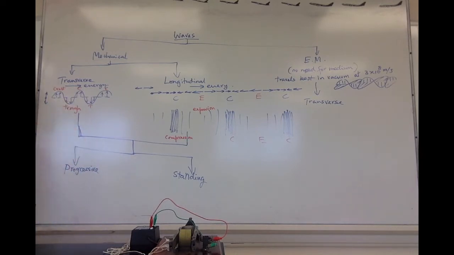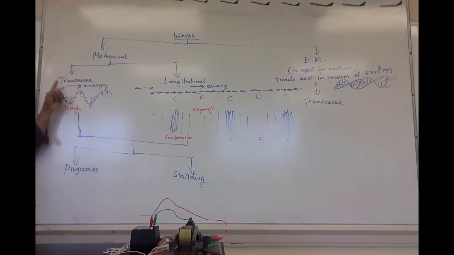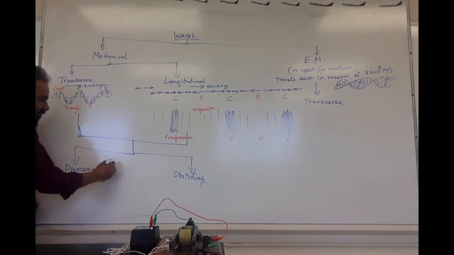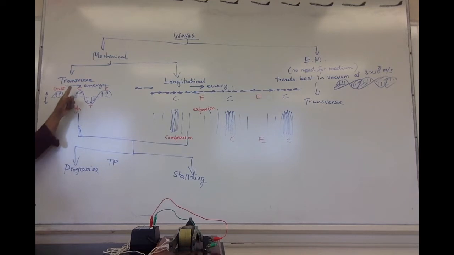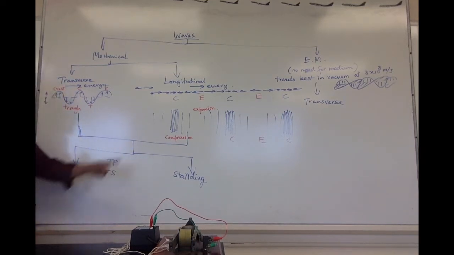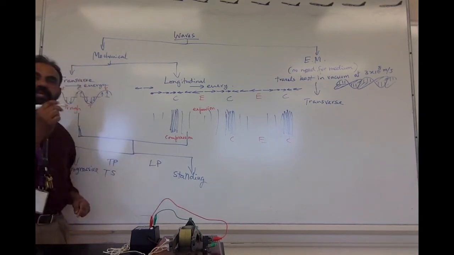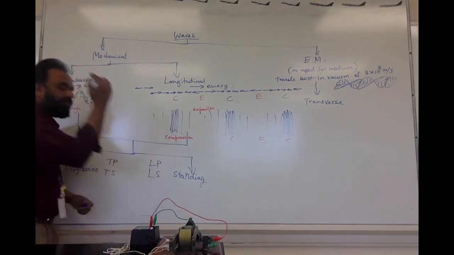So how many different kinds of waves are there? There are 4 different kinds of waves. You can see it very clearly. We have transverse progressive, transverse standing, longitudinal progressive, and longitudinal standing.